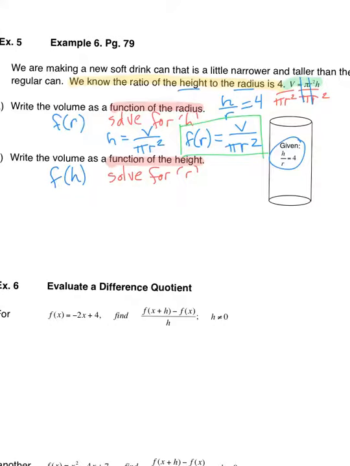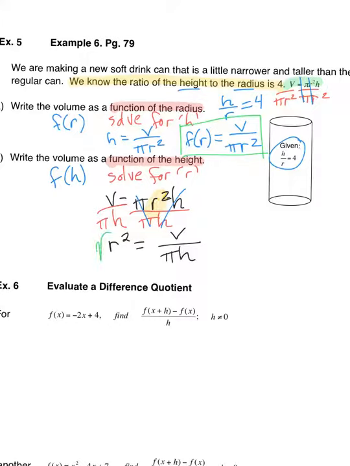So I'm going to take that function, v equals pi r squared h, and I'm solving for my r right here. Let's write out that r squared over it. Okay, so r squared is having pi and h multiplied to it. So we're going to undo that by dividing by pi and h. So these go away. So I'm currently left with r squared is equal to v over pi times h. To solve for r, we're going to take the square root of both sides.